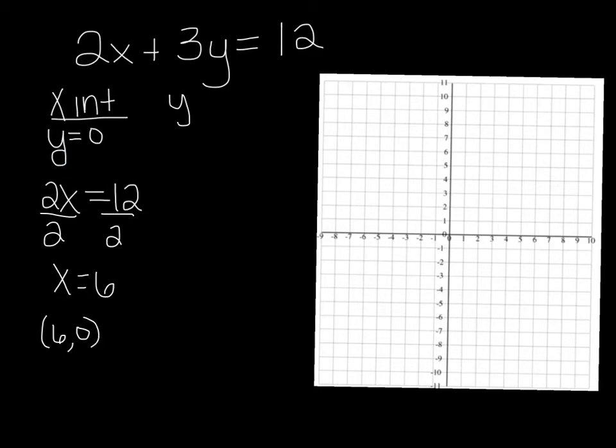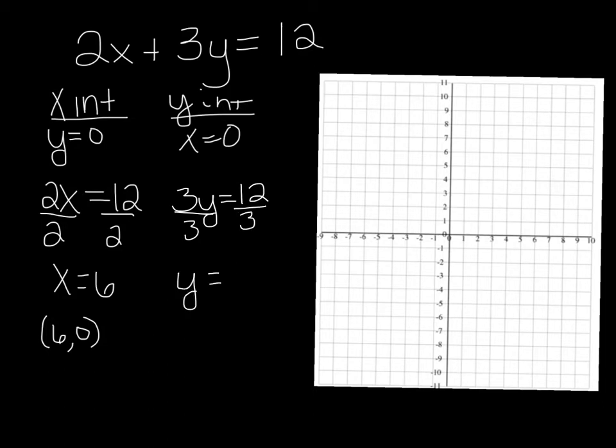Okay, then for our y-intercept, x is going to equal 0. So that means that this part right here, we're going to have 2 times 0, which is going to give me 0. So really, this whole part right here is going to cancel out. So that means that I just have 3y is equal to 12. Divide by 3. So y is going to be equal to 4.